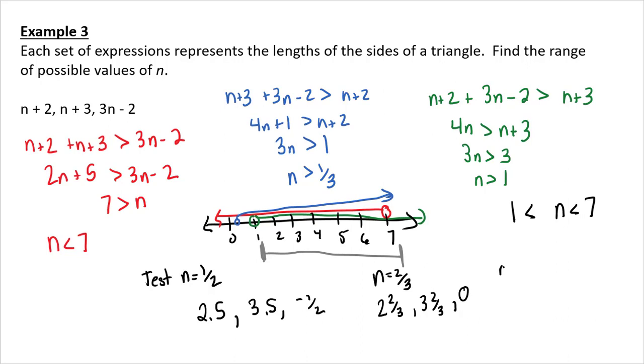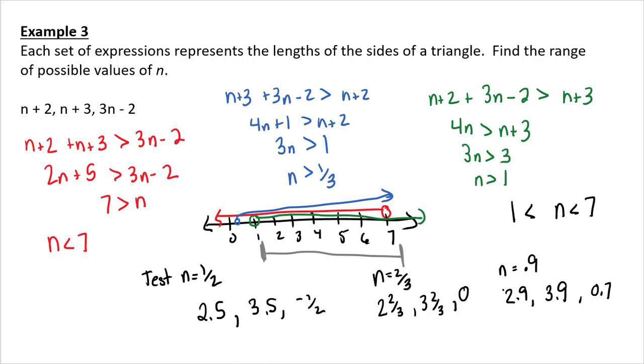I'm going to try 0.9. So when I plug in 0.9, I get 2.9, 3.9, and let me use my calculator here, I get 0.7. Hey, that makes sense. Okay, could I have a triangle? I take the two smaller sides, 2.9 plus 0.7.